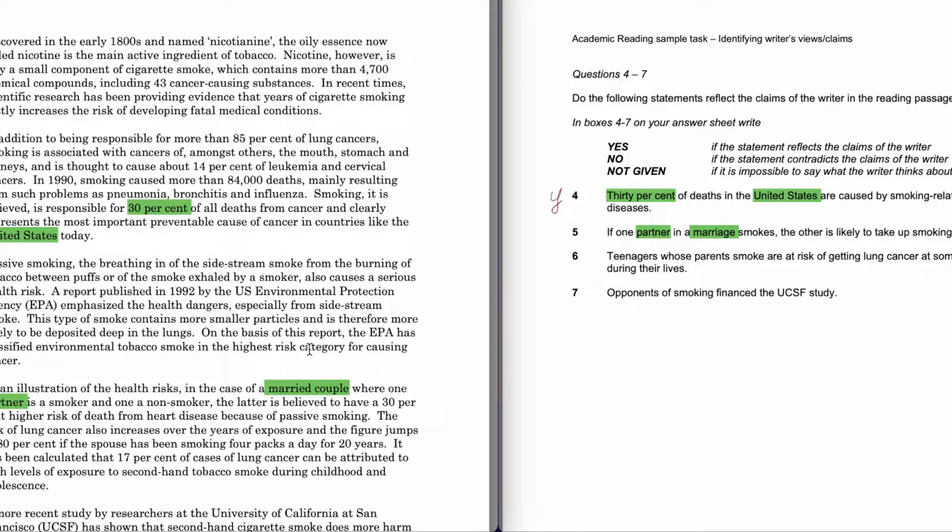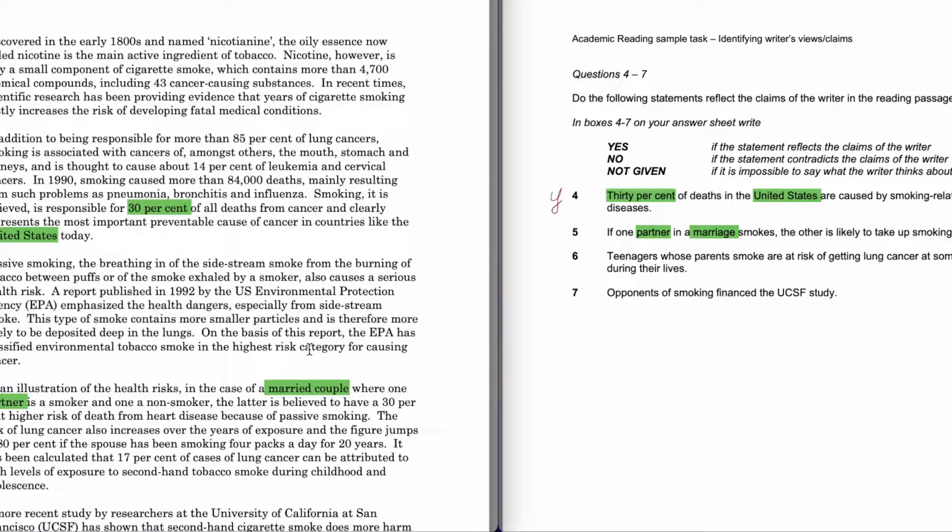As an illustration of the health risks in the case of a married couple where one partner is a smoker and the other a non-smoker, the latter is believed to have a 30% higher risk of death from heart disease because of passive smoking.